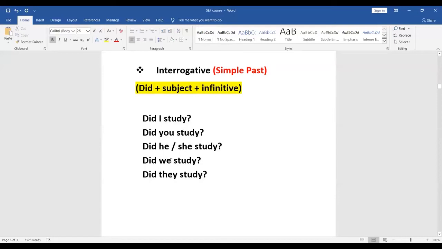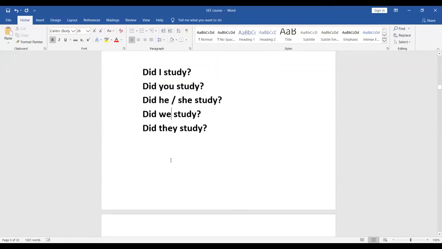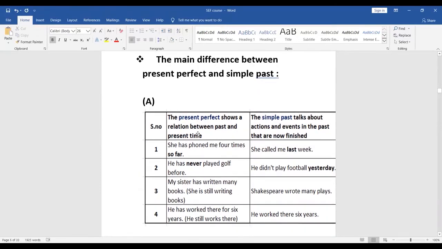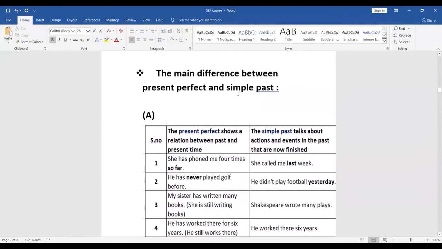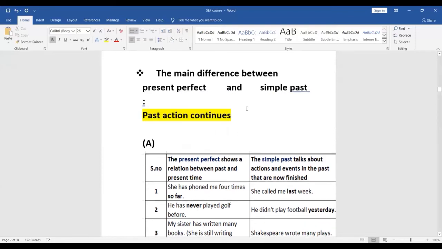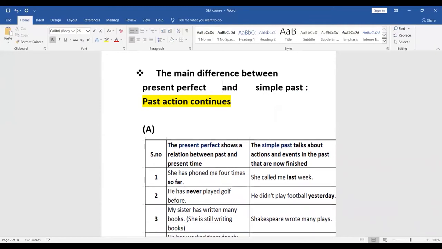Now that you know how you could use the simple past in the interrogative form, let's take a look at the comparisons, the main difference between the present perfect and the simple past. It's very simple, guys.